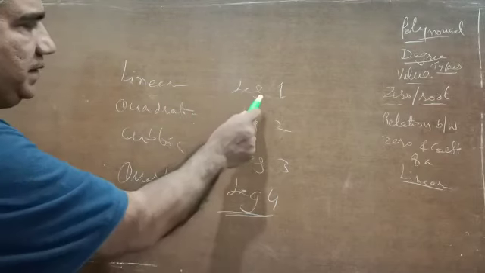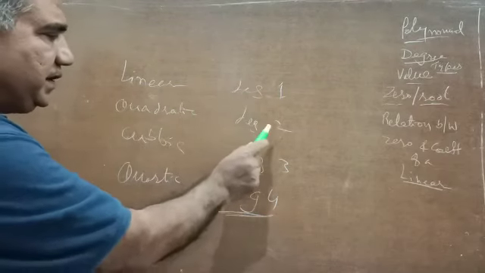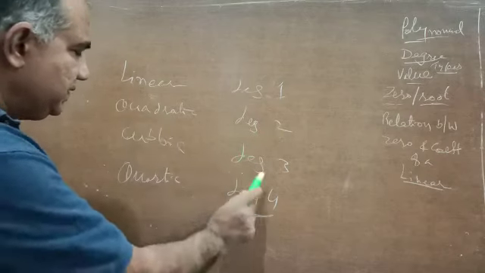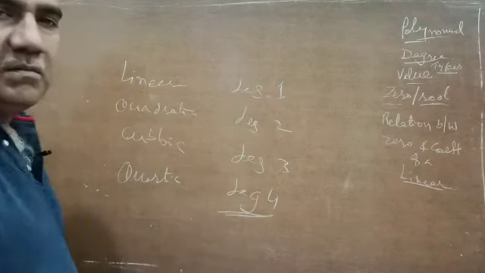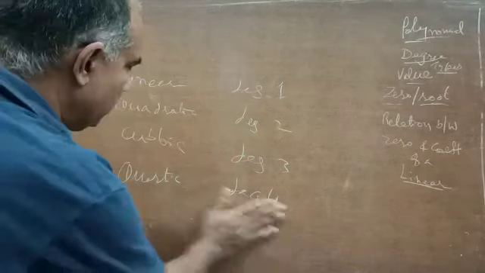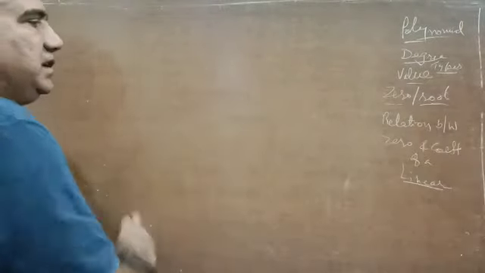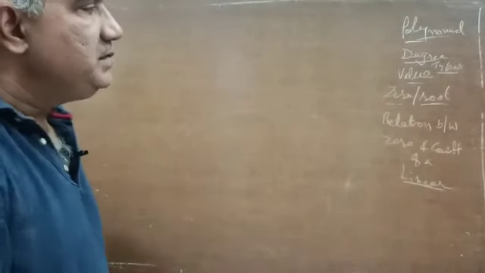Linear polynomial if degree is 1, quadratic if degree is 2, cubic if degree is 3, and quartic or biquadratic if the degree is 4. That was all about the different types of polynomials on the basis of degree.